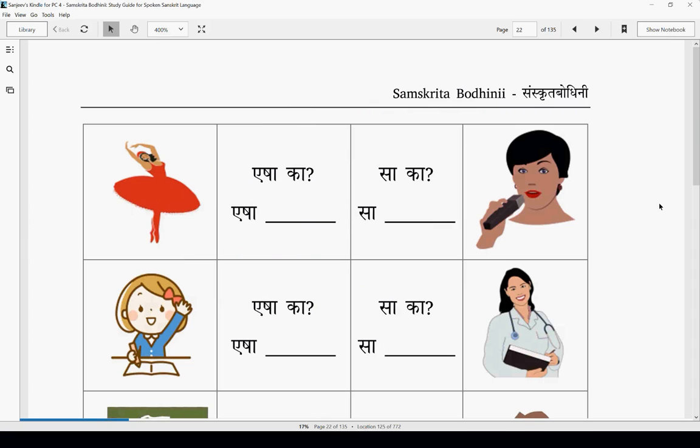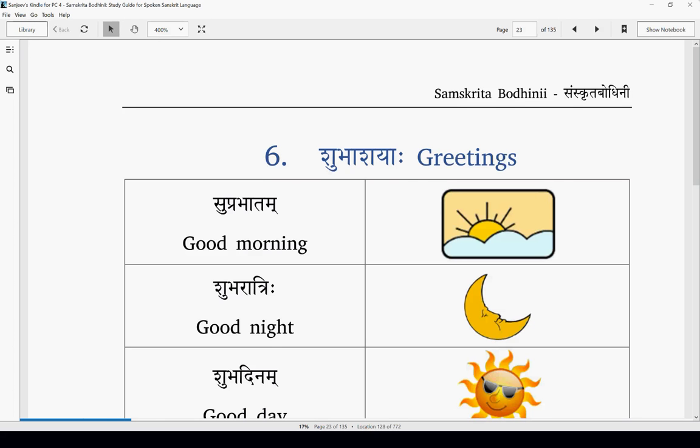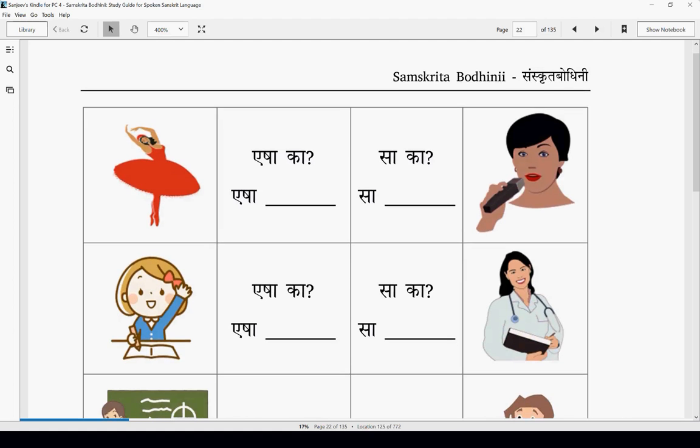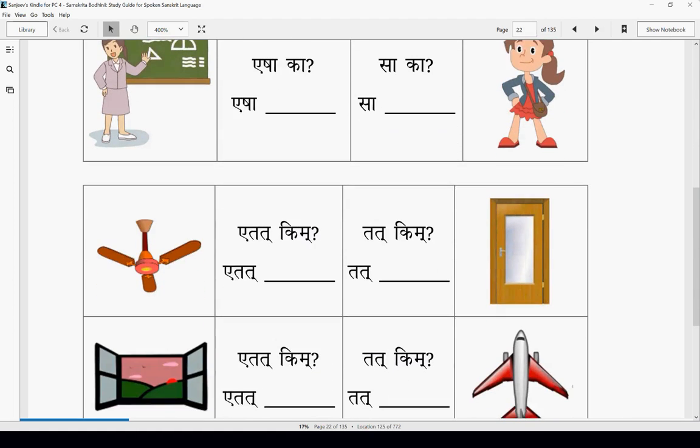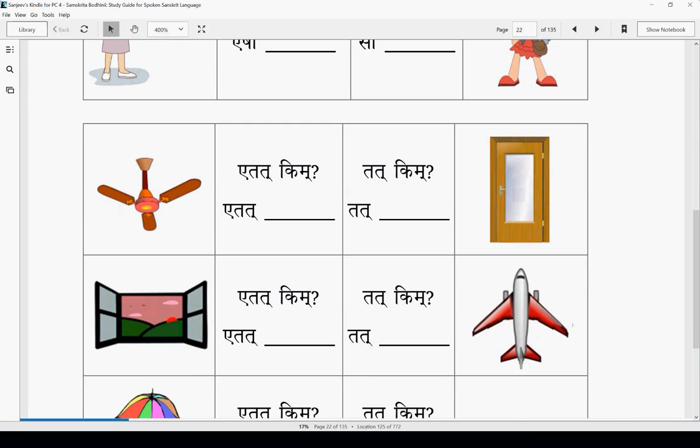Who would like to try? Next one. Napumsakalinga Shabda, the neuter words here. First two lines. एतत् किम्? एतत् व्यञ्जनं.